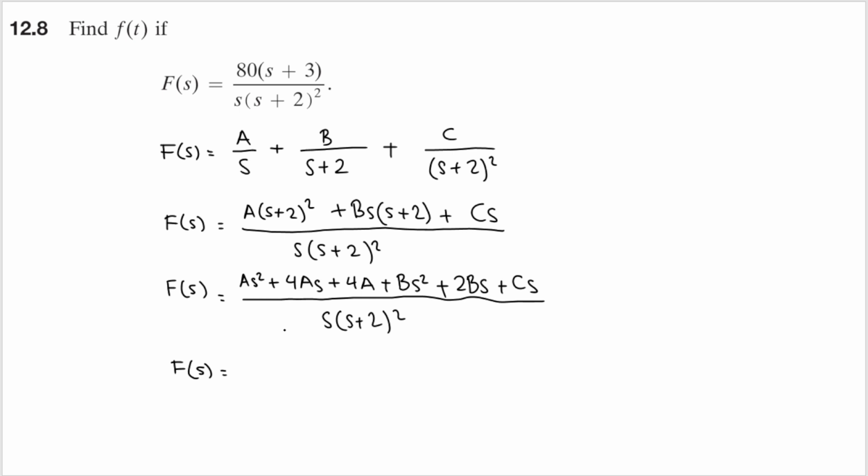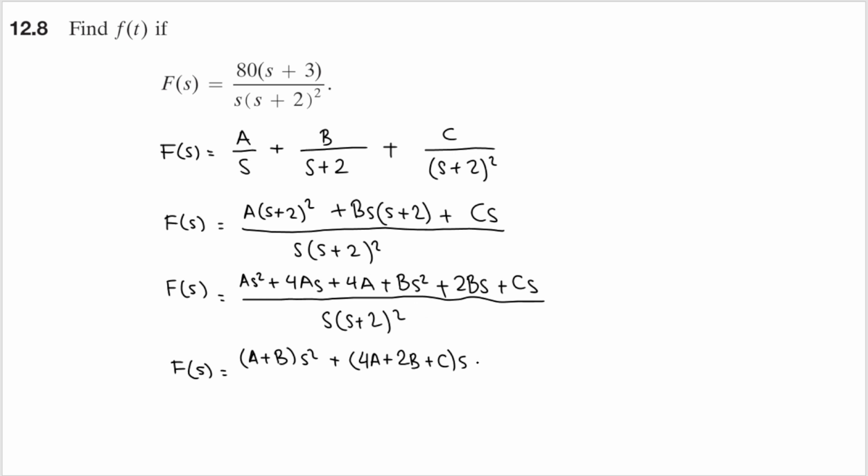Okay, maybe let's group it by the power of s. So we will have (A plus B) s squared, and then plus, what can we get from here? (4A plus 2B) plus C, times s, and the only constant term is 4A.